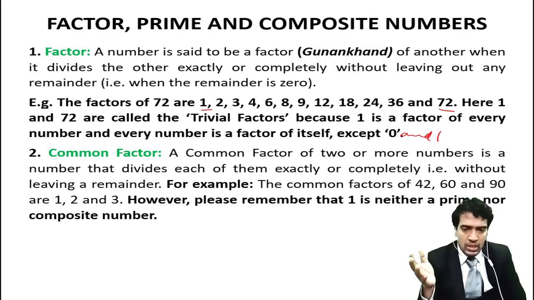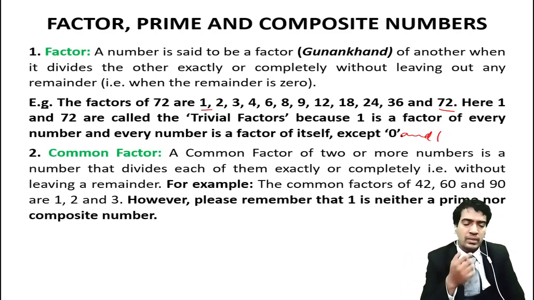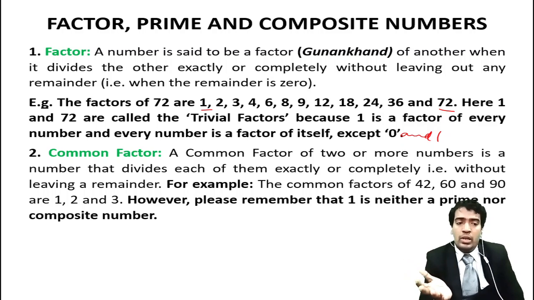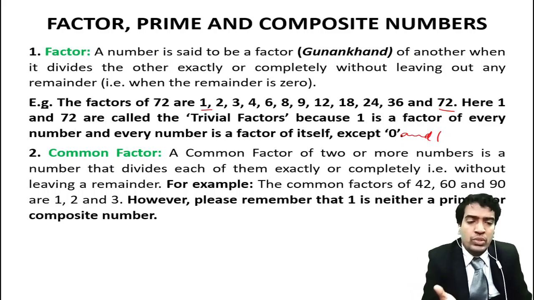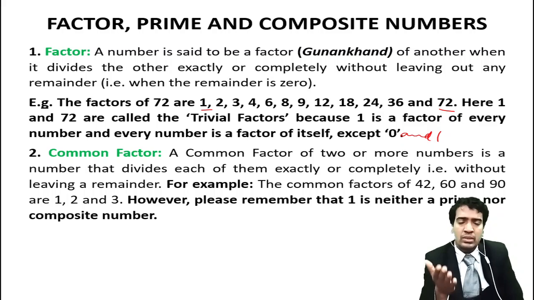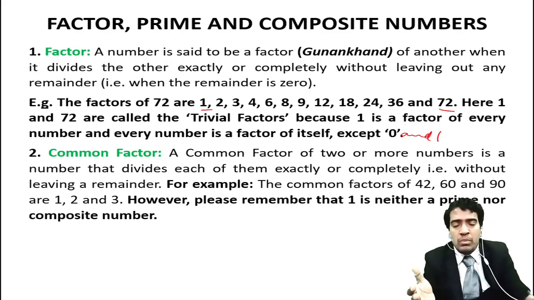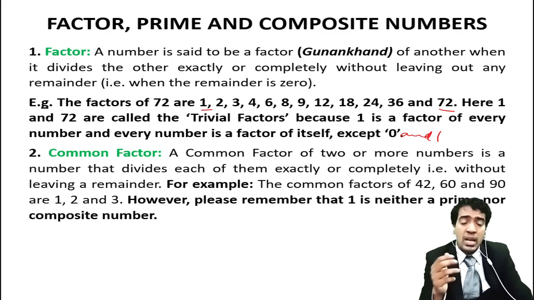Of course, the trivial factor 1 is always a factor of all these. 2 can divide 42, 60 and 90. 3 also is a factor. 3 can divide all the 3 numbers. So you have 1, 2, 3. There can be other factors also you need to check, but I have given the examples of some factors. So 1, 2 and 3 are the factors of the given numbers 42, 60 and 90. There can be more, you need to test, but definitely these 3 are the factors. They are called the common factors.